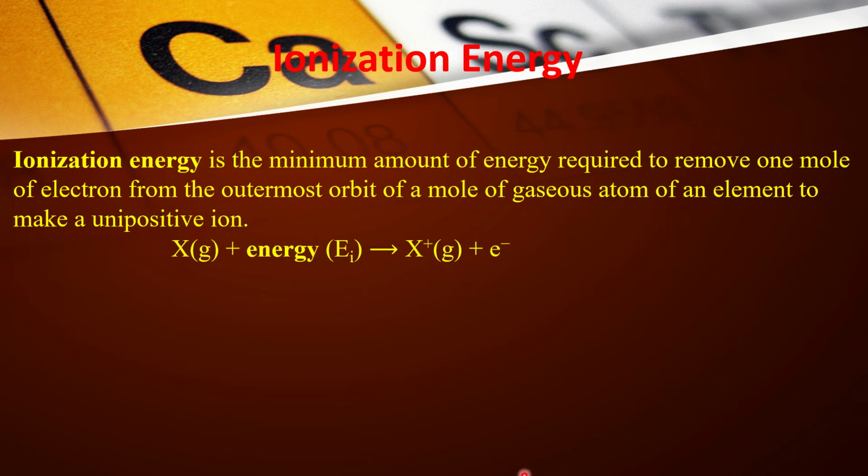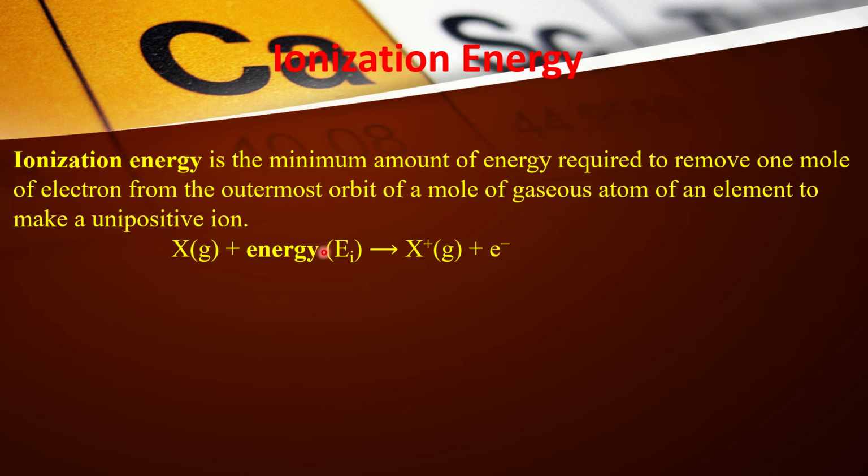Here look, X is an element, X is an atom of an element, and this is its gaseous condition, and you have to make it a unipositive ion. How will you make it a unipositive ion? By removing 1 electron, and to remove this electron, you have to give some energy.